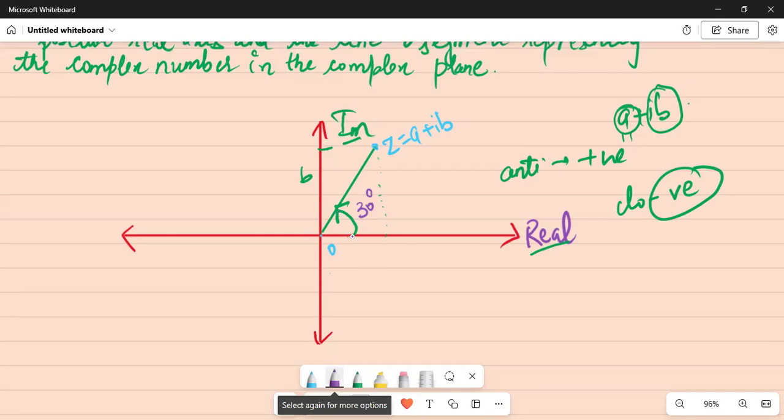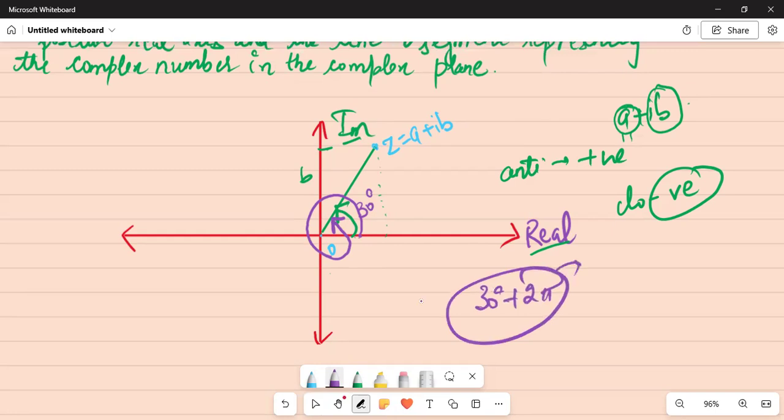If you are going in the anti-clockwise direction, then you can complete the full rotation of 360 degrees. You move from the positive real axis, complete your rotation of 360 degrees, and then join with the line representing your complex number. So it will be nothing but 30 degrees plus 2 pi. This is also your argument. And if you are going in the clockwise direction, then also you can complete your 2 pi rotations, but in the negative direction, so the sign will matter.